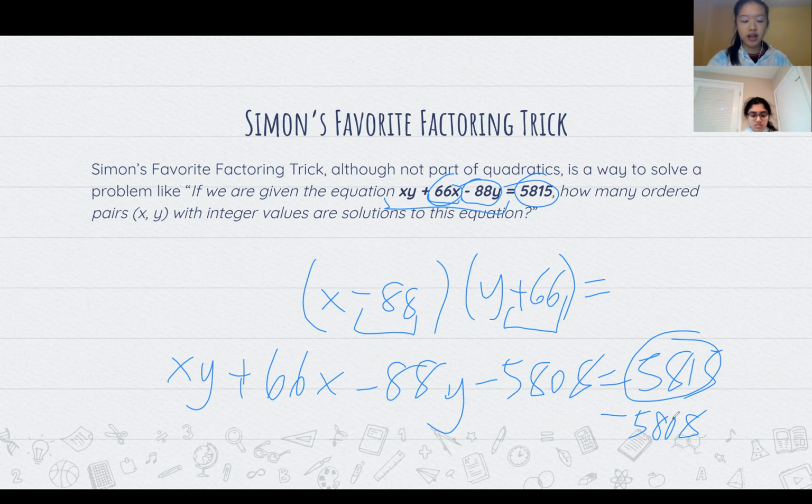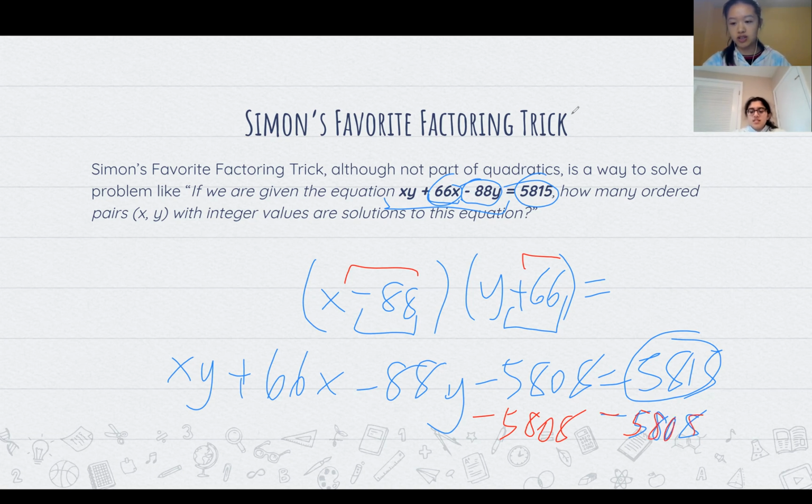Because when we multiply the -88 and the 66 out, we get minus 5,808. And since this is minus 5,808, we have to also subtract that from this side. Oh, okay.